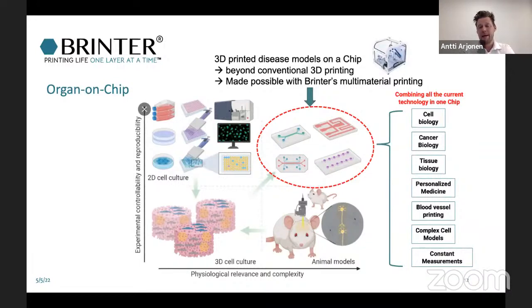So I mean, we can add pulsating blood flow, for example.